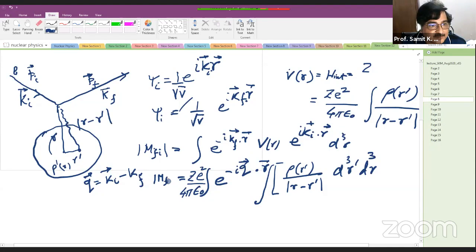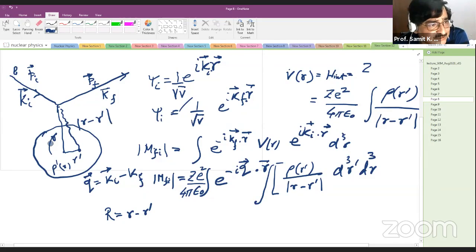So this is my interaction. Now we can take a few assumptions, or a few conditions we can impose. For simplicity I just say R equal to r minus r prime.